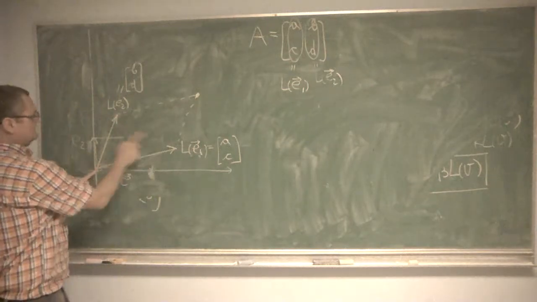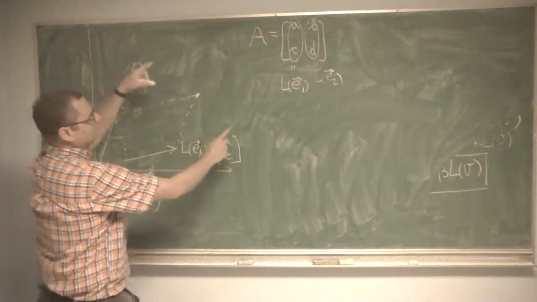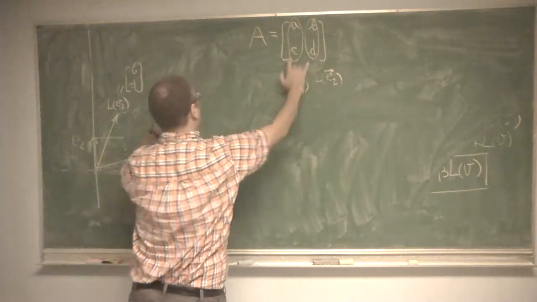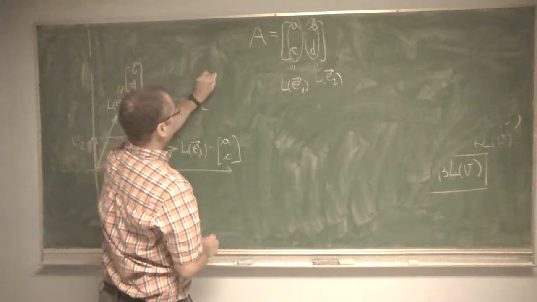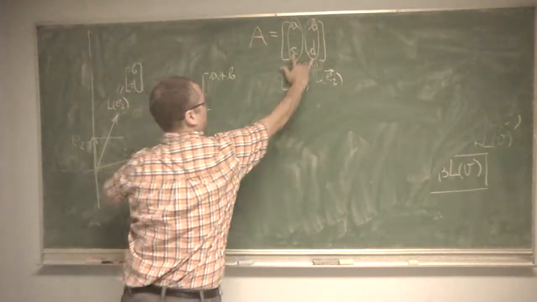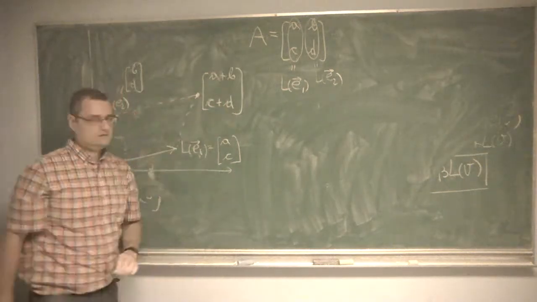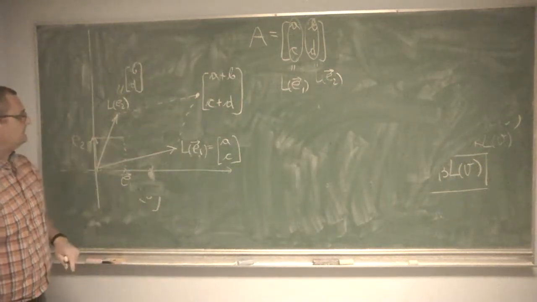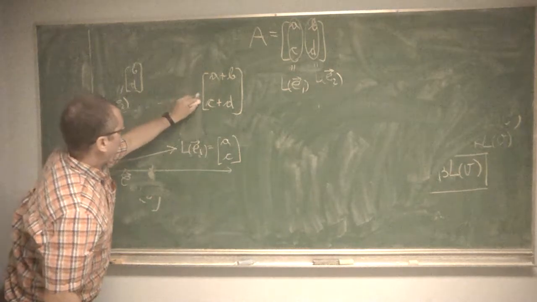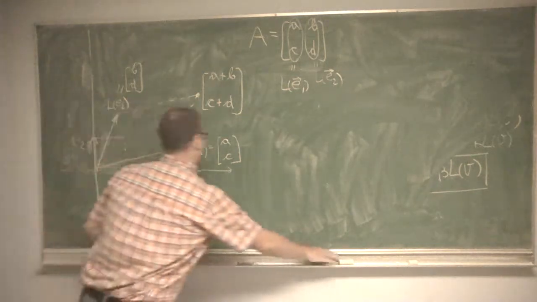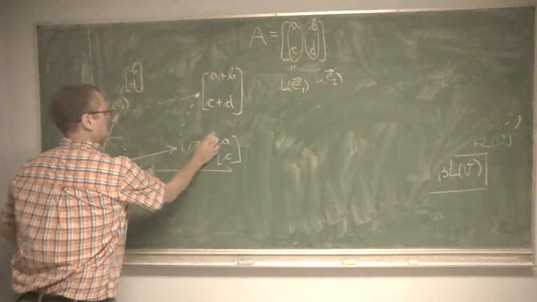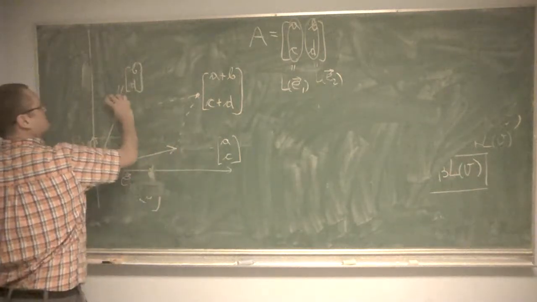So just think of the sum of these two vectors. So add the x components, that is going to be the x component, and add the y components, that's going to be the y component of this sum. All right. Now, I'm going to erase this and erase this.